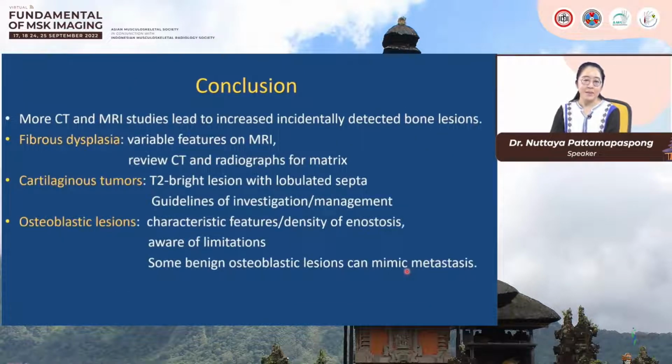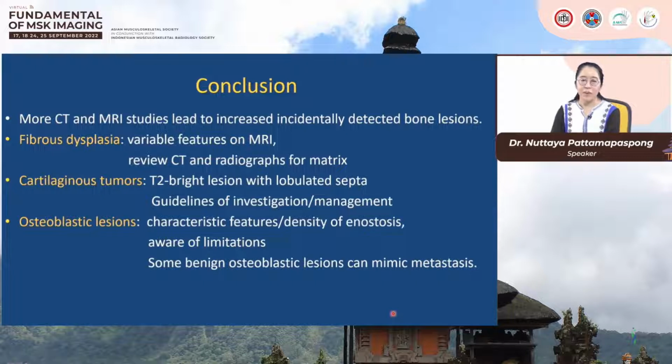So in conclusion, I showed you more of CT scan and MRI that we can see in incidentally detected bone lesions. I reviewed fibrous dysplasia that has variable features on MRI, and cartilaginous tumors that have several guidelines for dealing with the lesion.